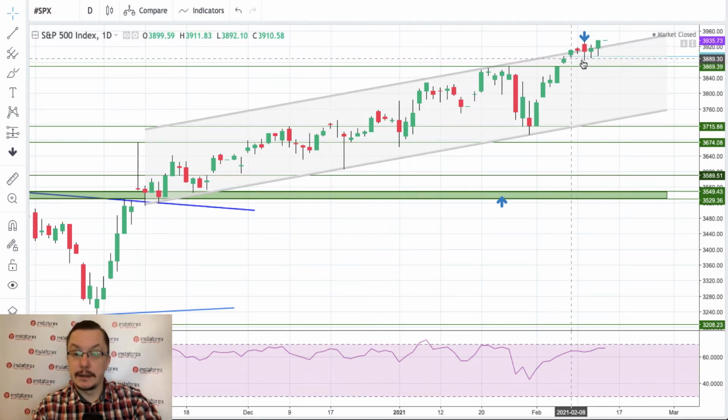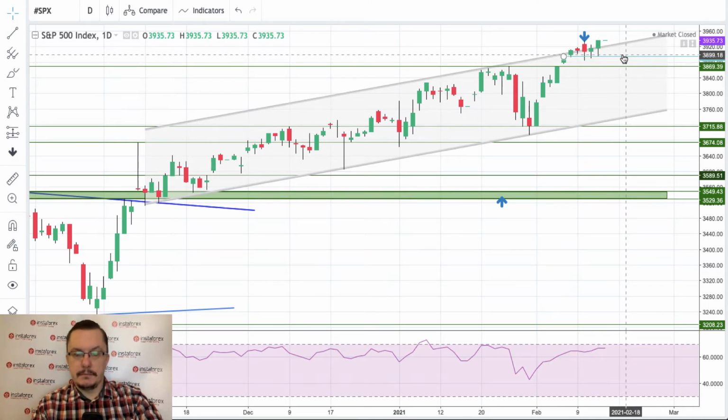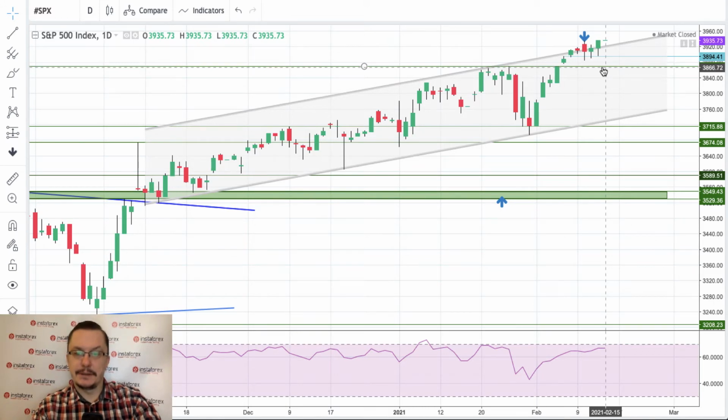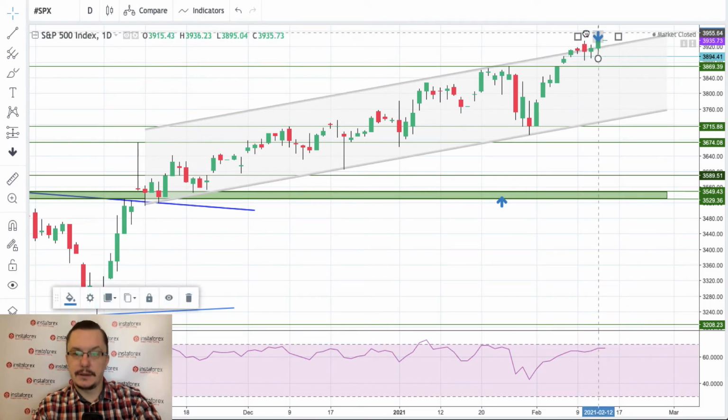But if we get below 3,894, which is this technical support that has been tested a couple of times, then maybe we will make some kind of a correction or pullback towards 3,869, which is the first important technical support. And then of course there is nothing until the lower channel boundary and the level of 3,715. So for now, on the daily time frame chart, we are still trending.